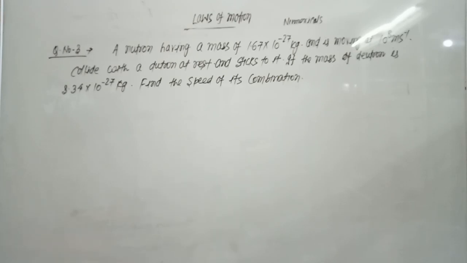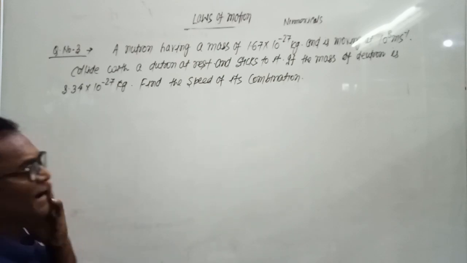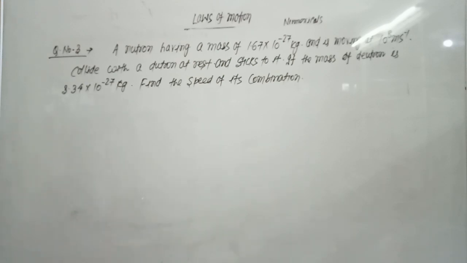Let us discuss a numerical based on the conservation of linear momentum. The question is: a neutron having a mass of 1.67 × 10^-27 kg and moving at 10^8 meters per second collides with a deuteron at rest and sticks to it.